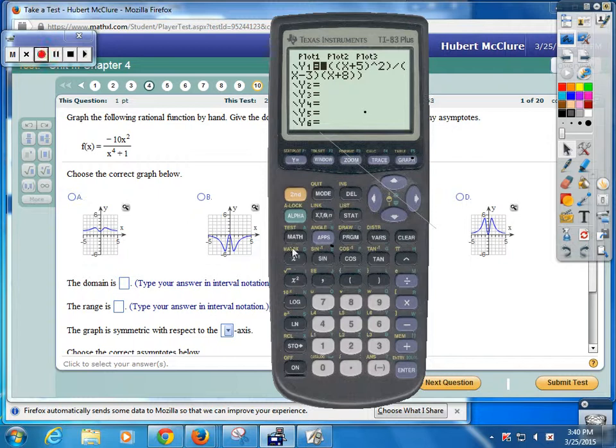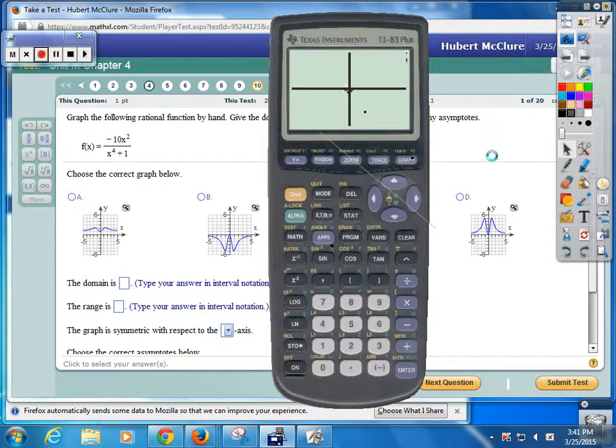Y is equal to parenthesis, negative 10x squared, close parenthesis, divided by, open parenthesis, x to the 4th plus 1, close parenthesis, and graph.